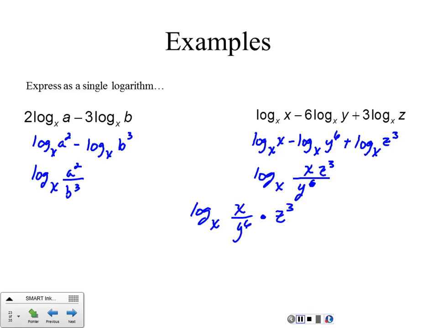Right? Addition goes to multiplication. And then when you multiply fractions, of course, the tops. So that's why the z to the 3rd goes on top. So don't get lost on that. Alright, so now you should be able to do number 4 rather easily. That one's actually easier than the one we just did.